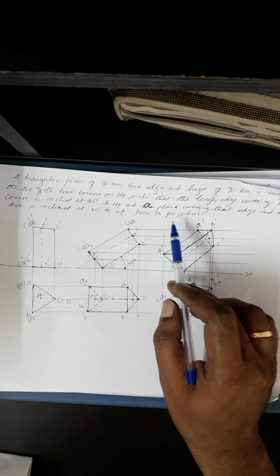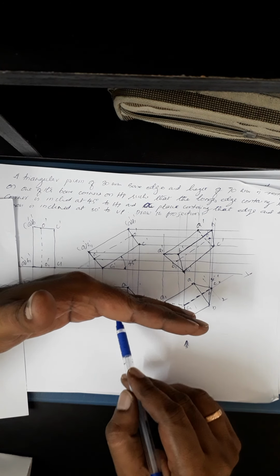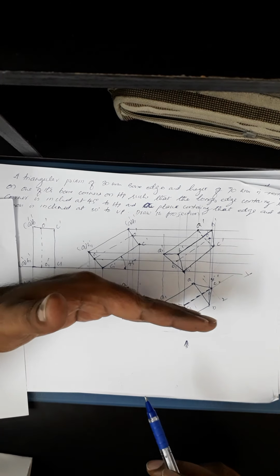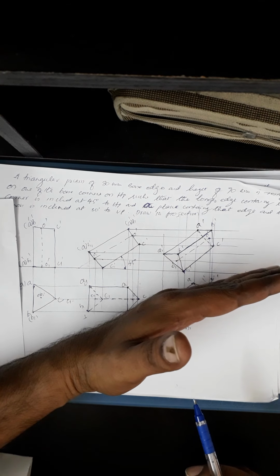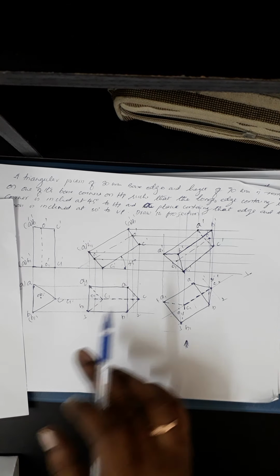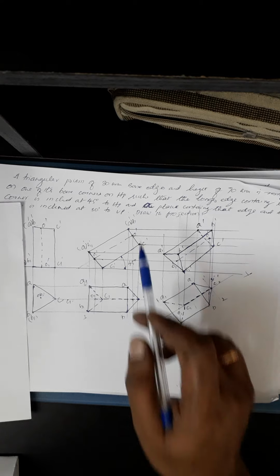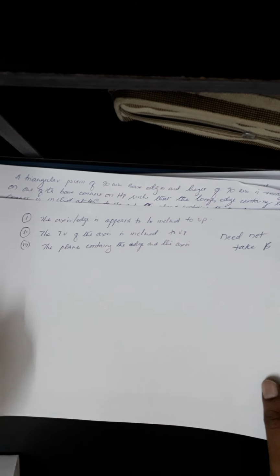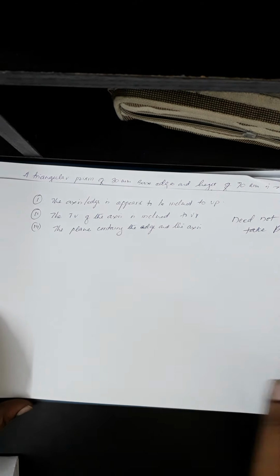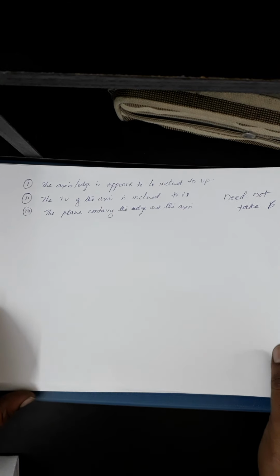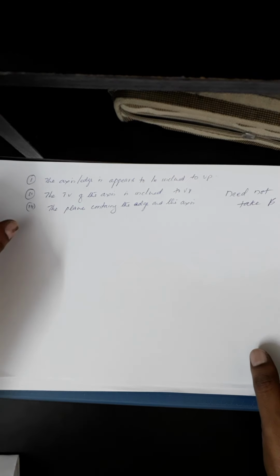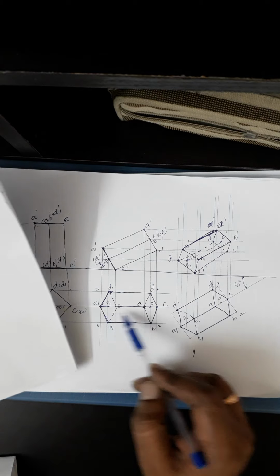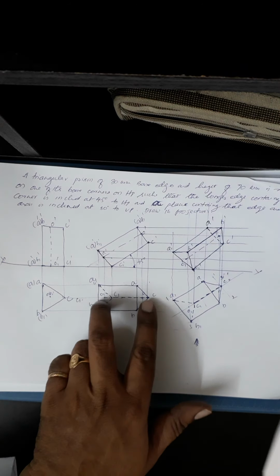One is this: a plane containing the edge and the axis. Even though the axis is apparent here, because it says the plane is inclined, just incline that solid itself in that particular plane, and you redraw. Otherwise you have to take beta for this if that sentence is not given. So these are the three sentences where you need not take beta, even when the projection of the axis in the second view becomes apparent length.